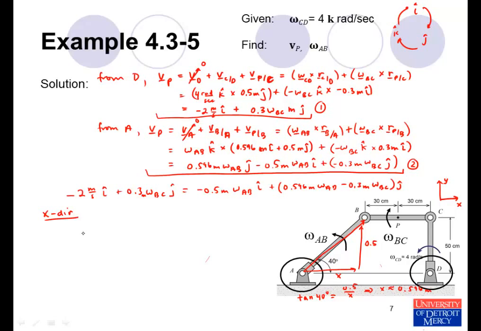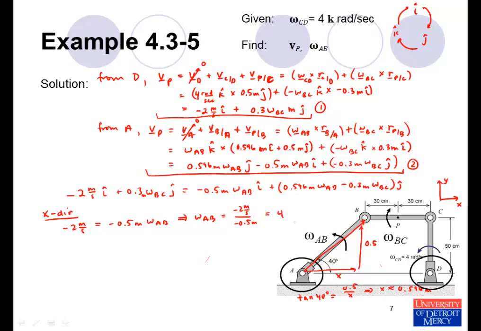So if we look at the x direction all by itself, on the left-hand side we have negative 2 meters per second, and on the right-hand side we have negative 0.5 meters omega AB. So if we divide through by the negative 0.5, we can solve for omega AB. So negative 2 divided by negative 0.5 is positive 4.